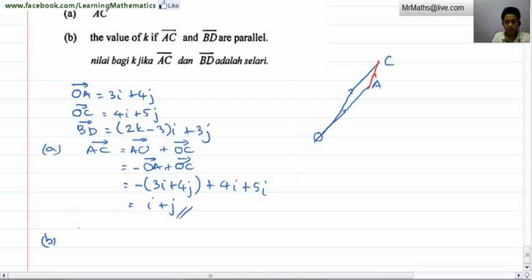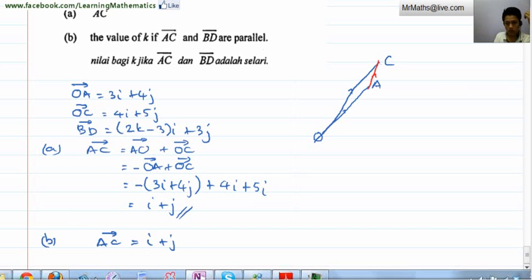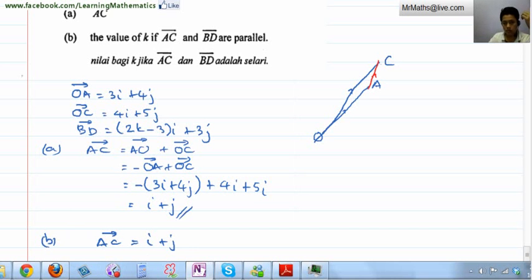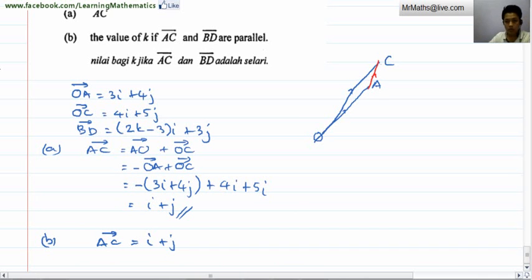If AC and BD are parallel, AC is i plus j, and AC and BD are parallel.